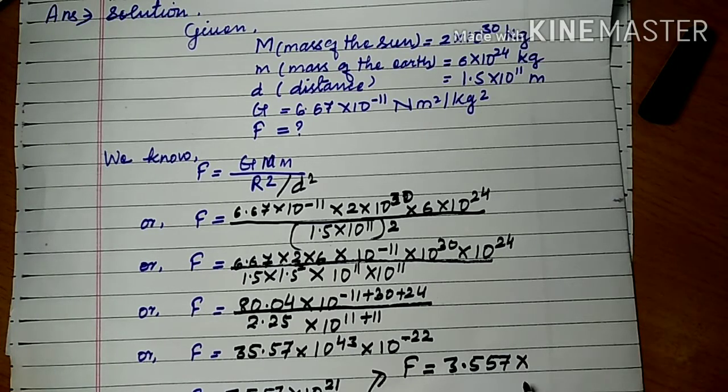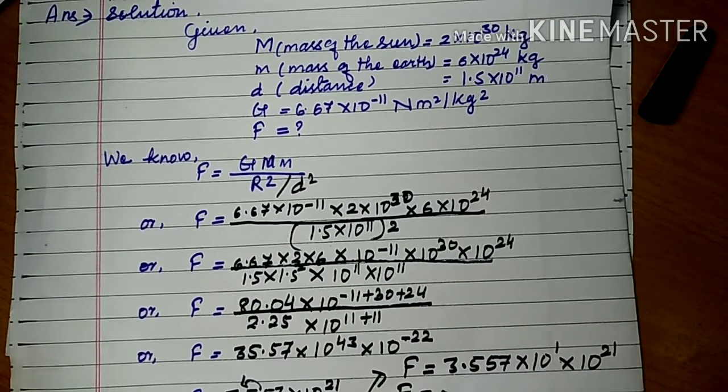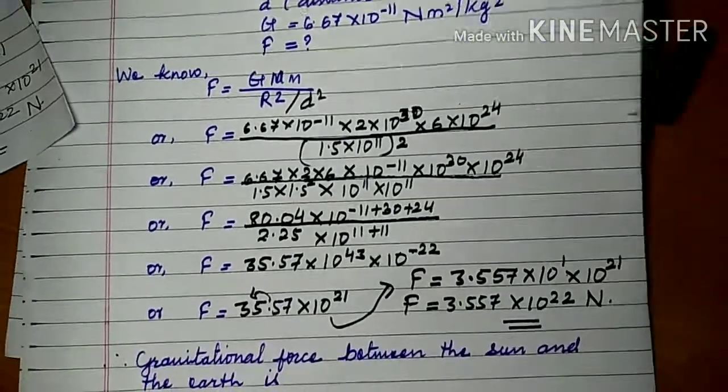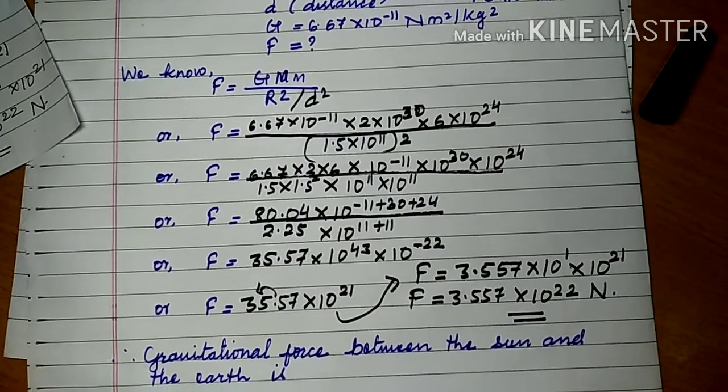And when you do that, the power of 10 will be added, 10 to the power 1, because you have shifted this decimal point one digit left, into 10 to the power 21 is already there. Then F equal to 3.557 into 10 to the power 21 plus 1, 22. So this is the force, that is why it is Newton. So the force between sun and the earth is 3.557 into 10 to the power 22 Newton.